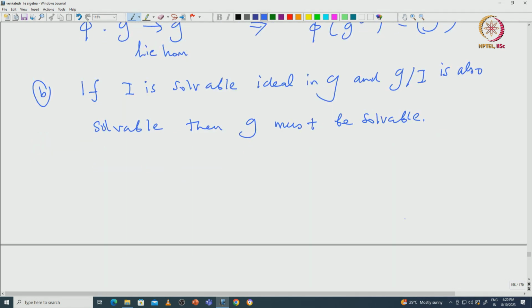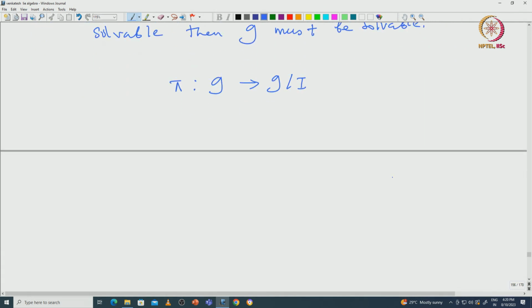Okay. So, let us see how one can prove this. Let us fix this canonical homomorphism from G to G modulo I. So, now let us say G mod I power n is 0.